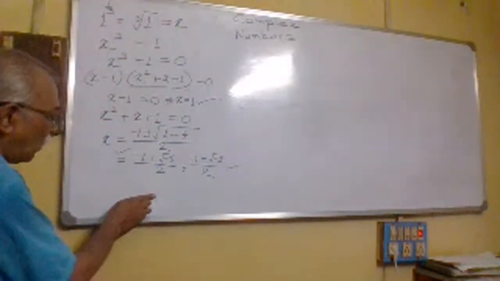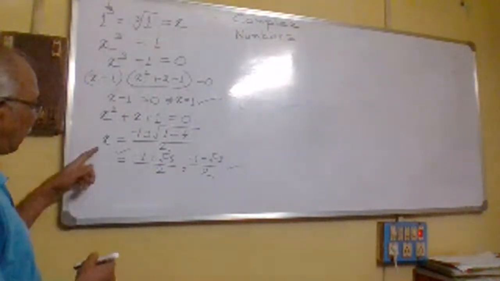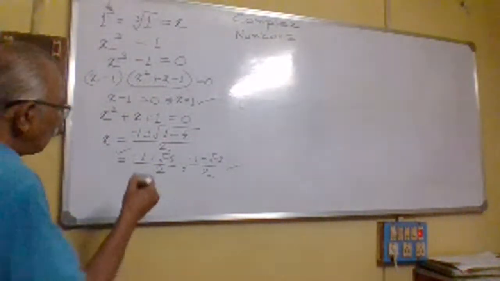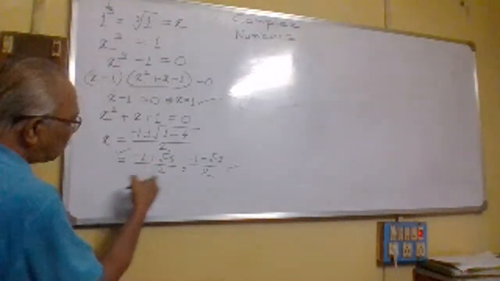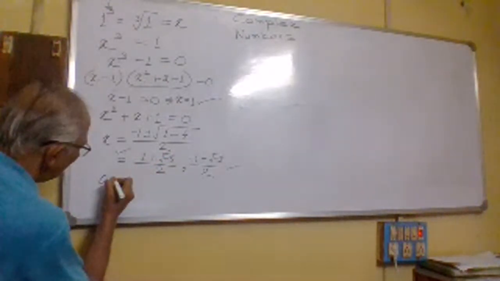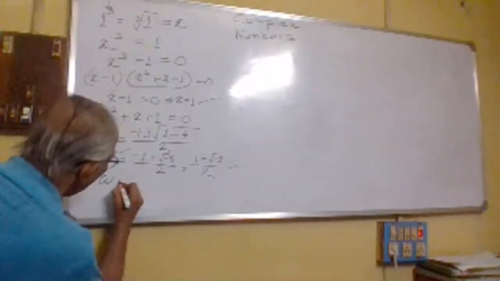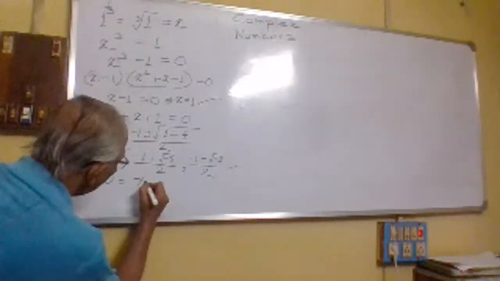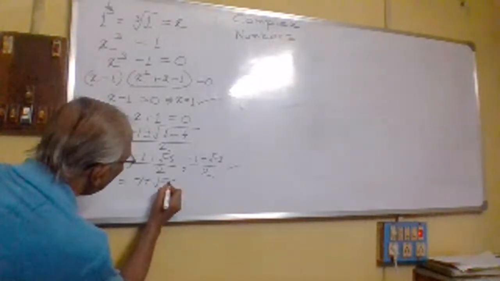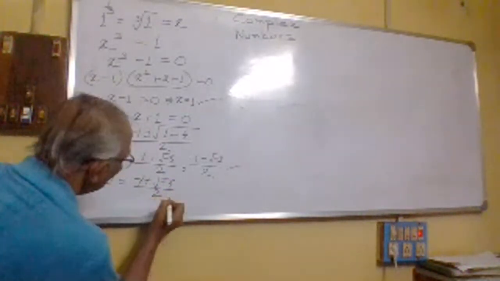Now let us see one interesting thing. If we assume this symbol as omega, omega equals minus 1 plus root of minus 3, by 2.